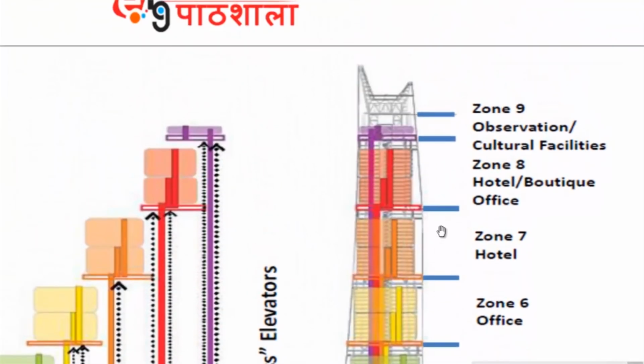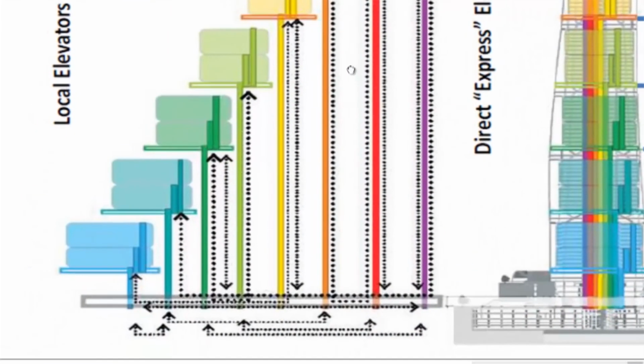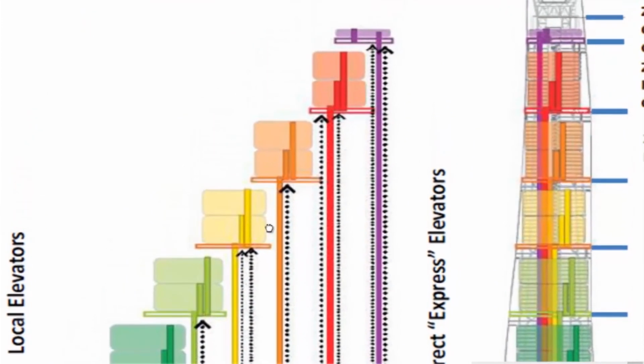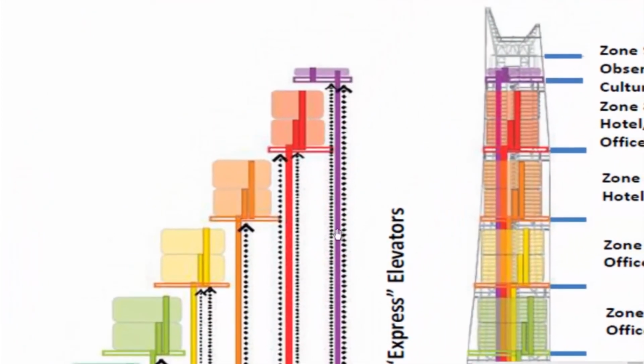Zone 7 is hotel, zone 8 is hotel, boutique and office, zone 9 is observation and cultural facilities, and you can notice here that there are changeovers and intermediate travels. So, there are local elevators and there are shuttle services to the various intermediate zones.